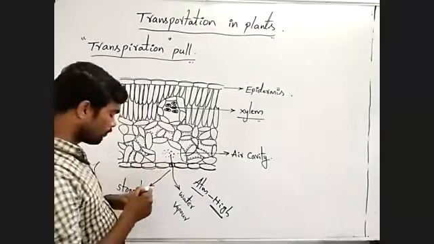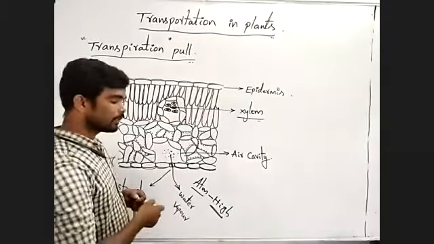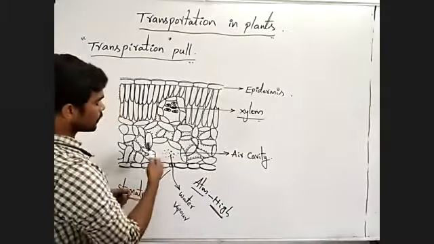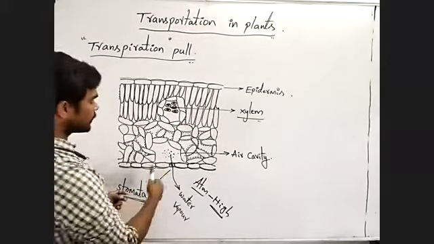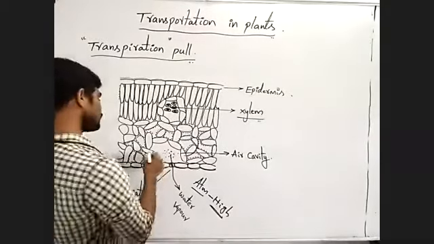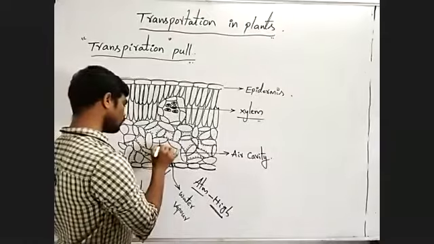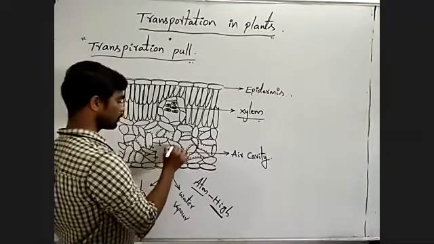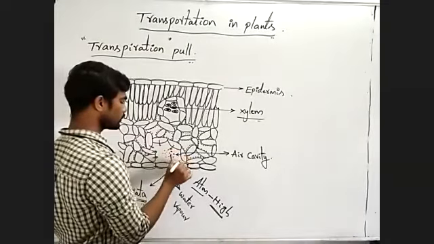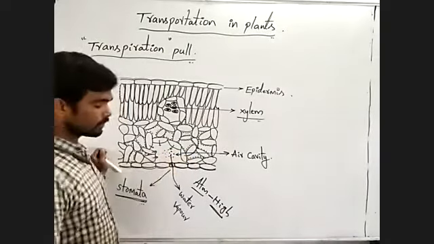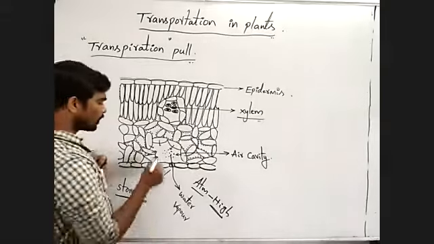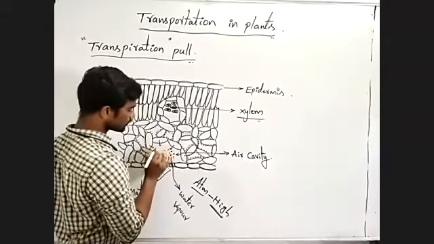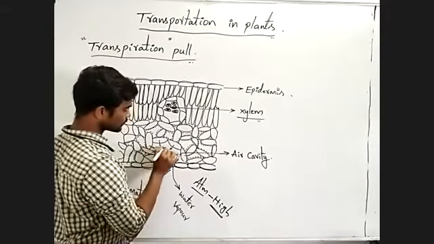Okay, from where can it absorb the water? It can get the water from the surrounding cells. Water is passed into the air cavity. Water is transported like this.